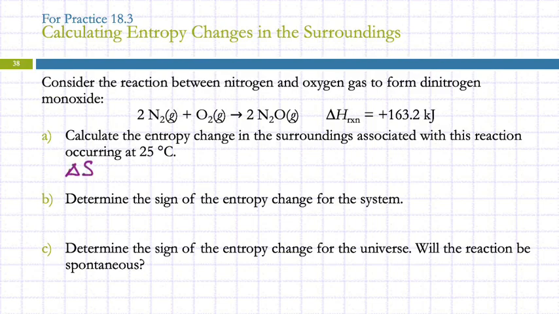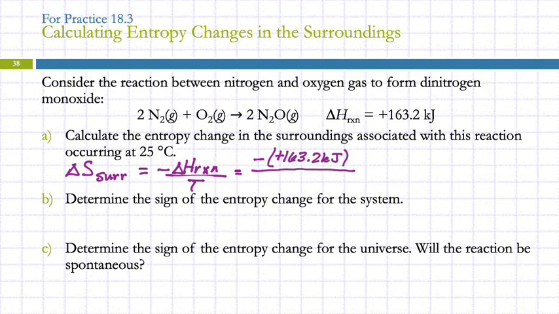The change in entropy for the surroundings is equal to negative delta H for the reaction over T. So we have delta H here, right? So it's negative of delta H. So delta H is positive 163.2 kilojoules.